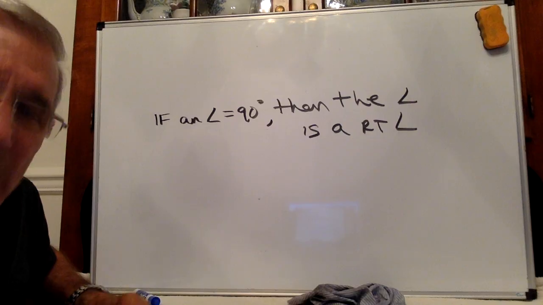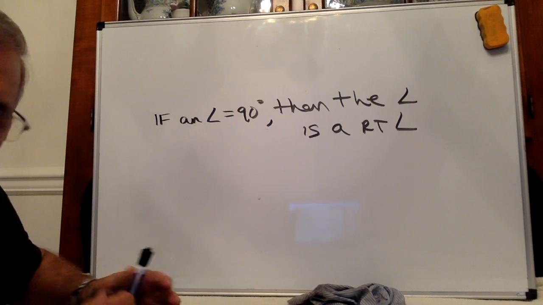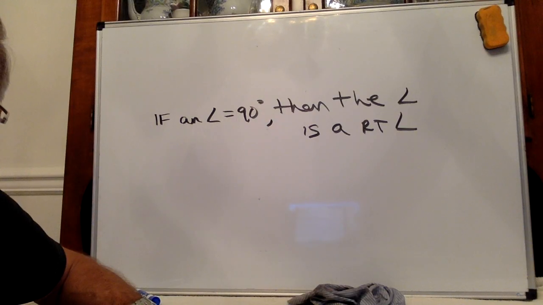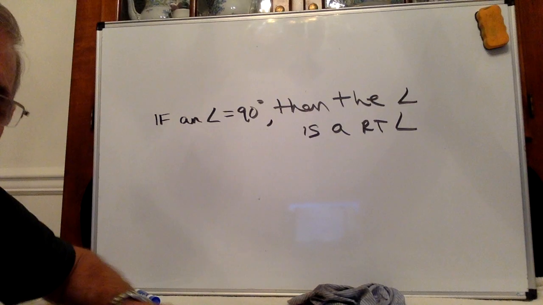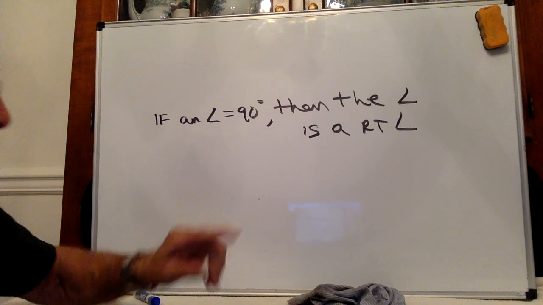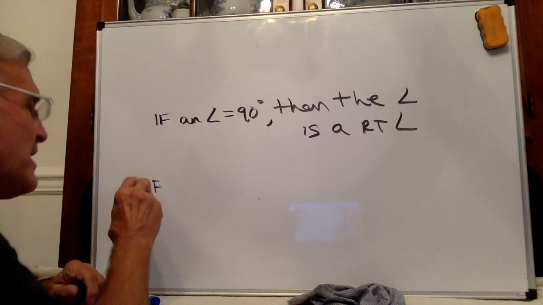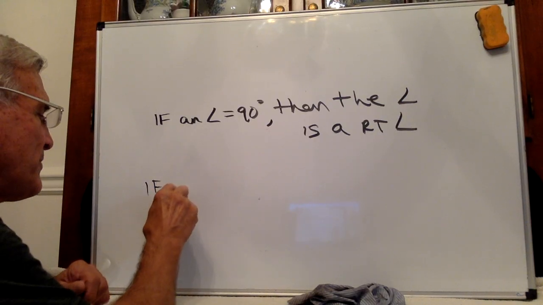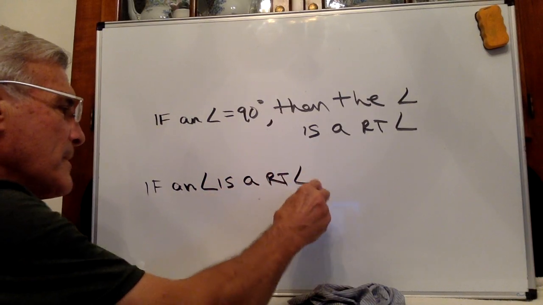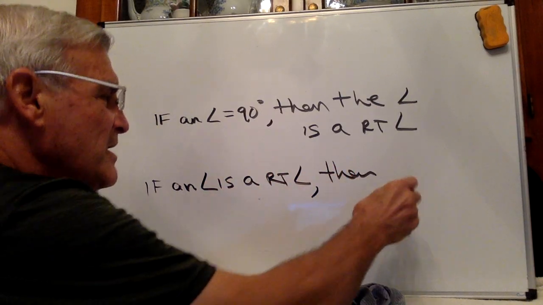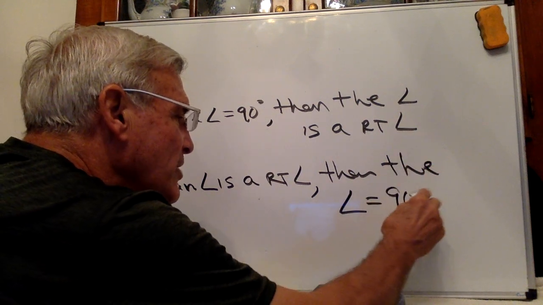A definition will always be reversible. That means if I flip the if and then parts, it'll still be true. A definition must be reversible. So if I wrote this in the other direction, it will say, if an angle is a right angle, then the angle equals 90 degrees.